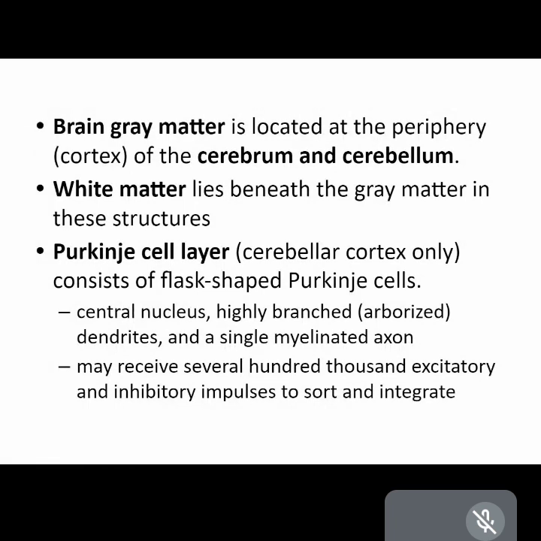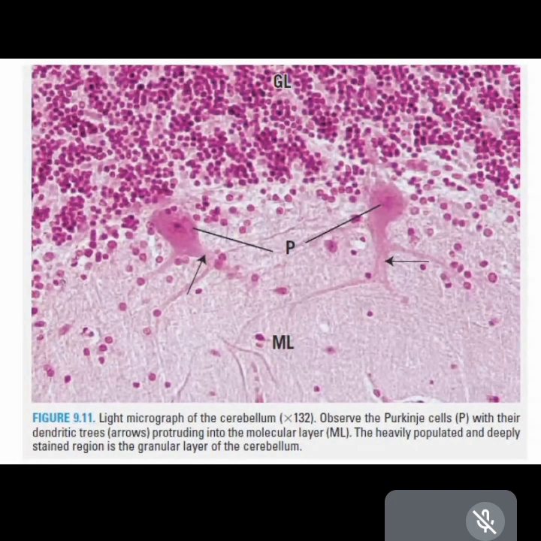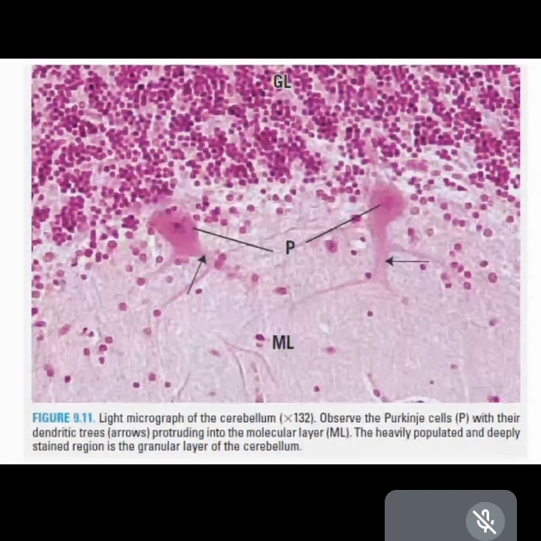The Purkinje cell layer, found in the cerebellar cortex only, consists of a flask-shaped Purkinje cell. They have a central nucleus, highly branched dendrites, and a single myelinated axon. And then they receive several hundred thousand excitatory and inhibitory impulses to sort and integrate. So that is the Purkinje cells with their dendrites, the branching in the arrows.